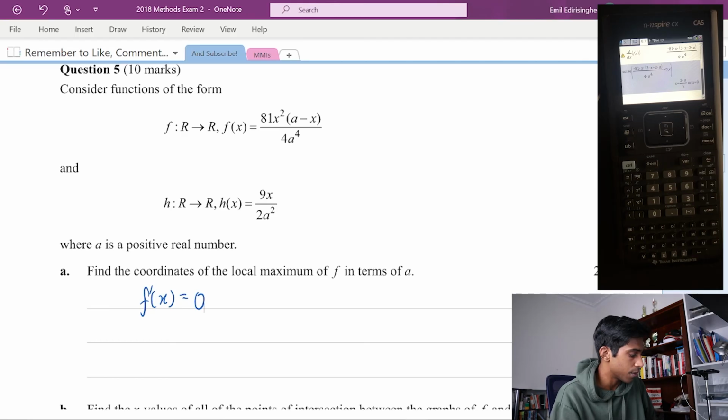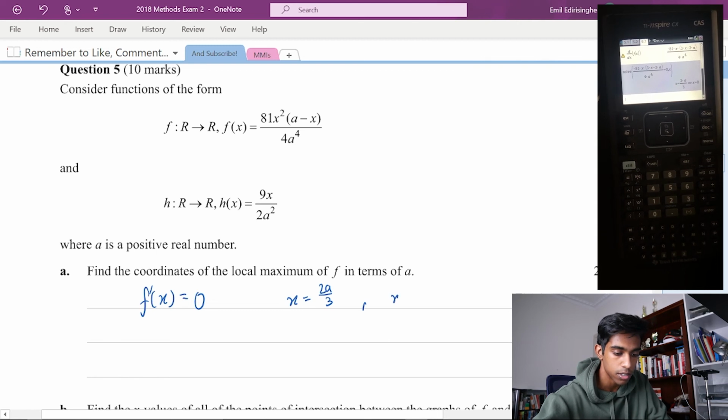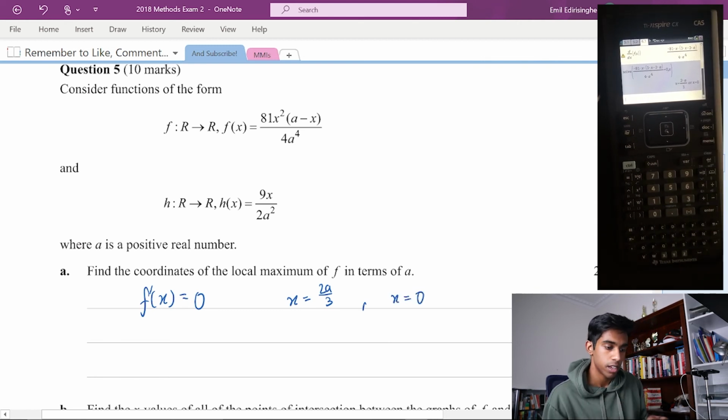So now we have to find out which one of these is going to be the local maximum, but I can tell that f of 0 is just going to be 0. So I'm assuming it's going to be the other one, x equals 2a on 3. And a is a positive real number, so it's more likely to be that.